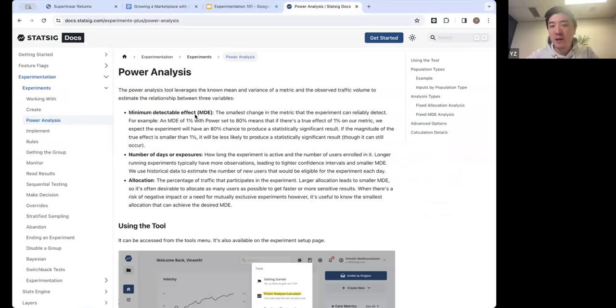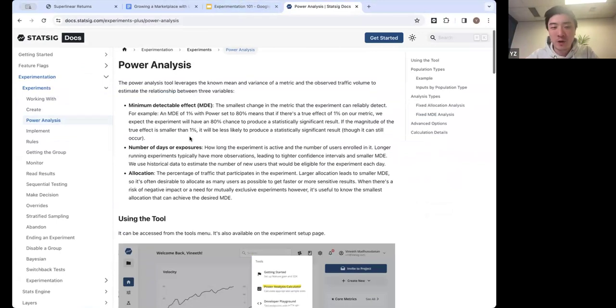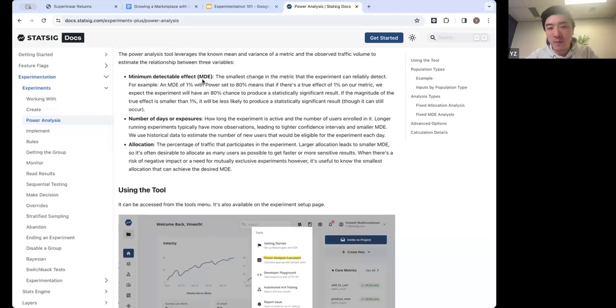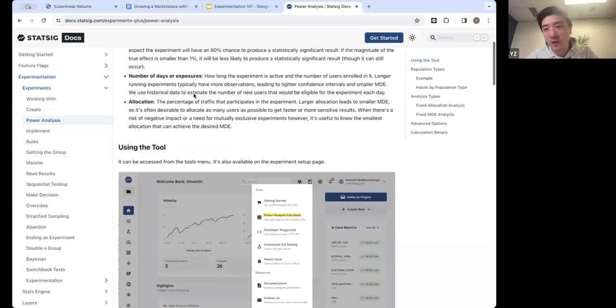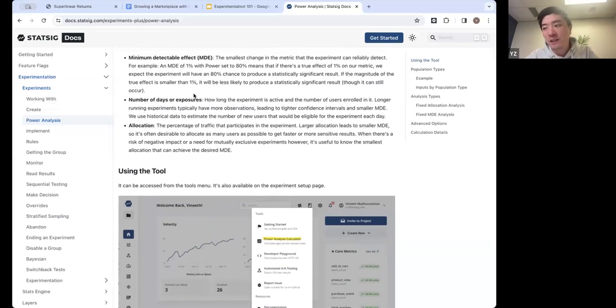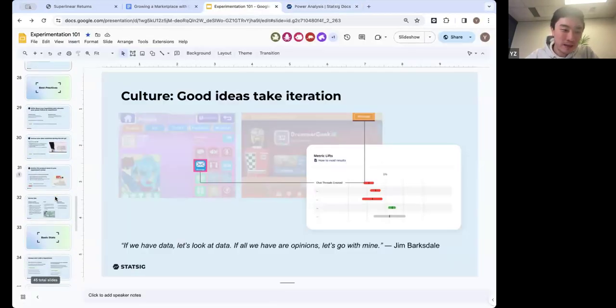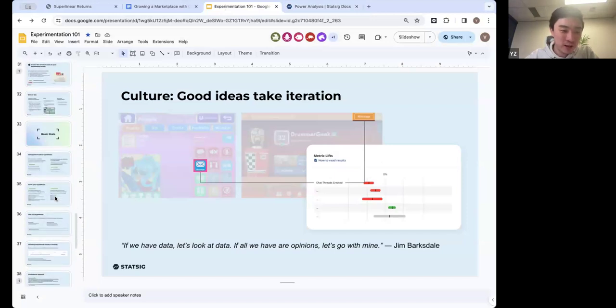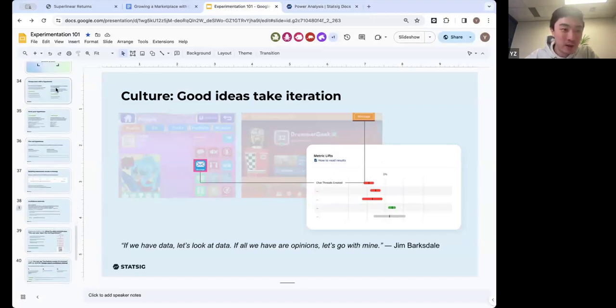Do we expect our feature to increase our key metrics by at least 5%? And then we calculate what is the minimum detectable delta. And from there, we have our historical information, so we have the variance of our data. We can use a standard alpha and beta to calculate the power we need for that experiment.